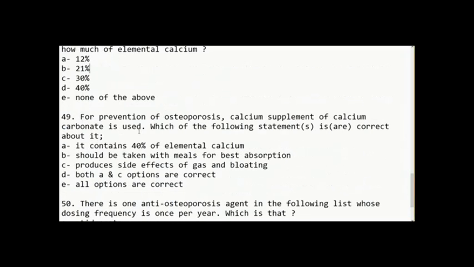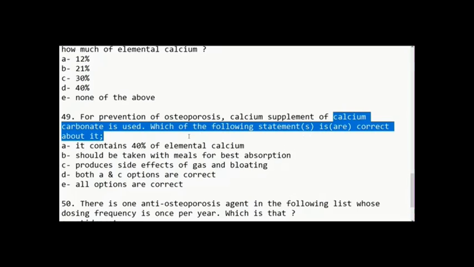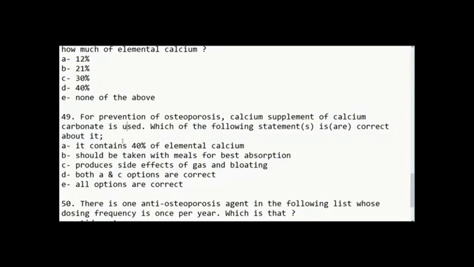Now moving on to the next MCQ. For prevention of osteoporosis, calcium supplement of calcium carbonate is used. Which of the following statement or statements is or are correct about the calcium carbonate? So option A is it contains 40% of elemental calcium.